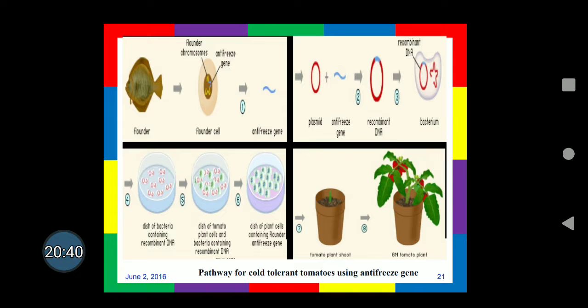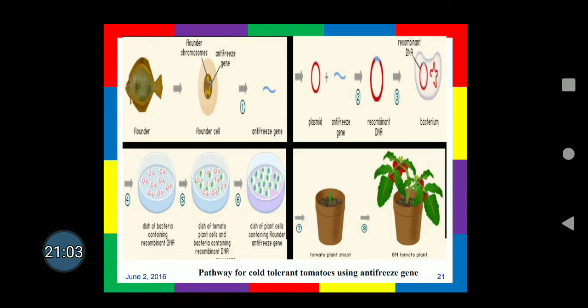So the flounder fish is taken, in which the flounder chromosome containing the antifreeze genes is isolated by restriction enzyme, and the Ti plasmid is taken and restricted with the restriction enzyme, and the antifreeze gene is inserted to produce recombinant DNA.